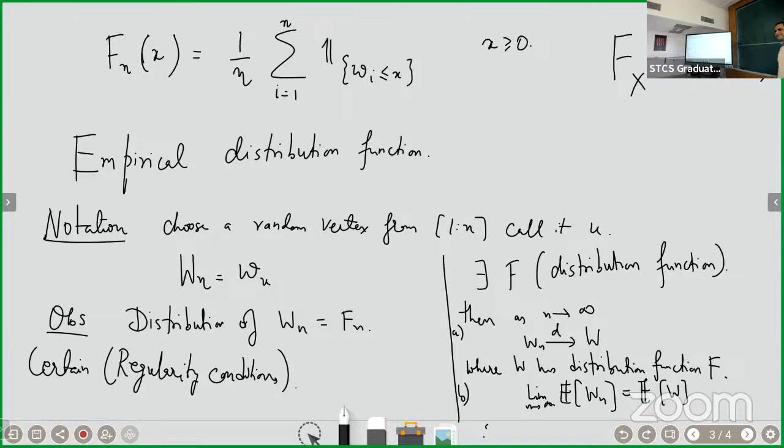You know how to do this? So I give you access to a uniform random variable. But I ask you that the random variable I want has a particular distribution at X. You know how to do this? It's the transformation method. Exactly. So this is precisely something like this. I've given you a particular f, you're generating W a certain way, the resulting fn is very close to f.